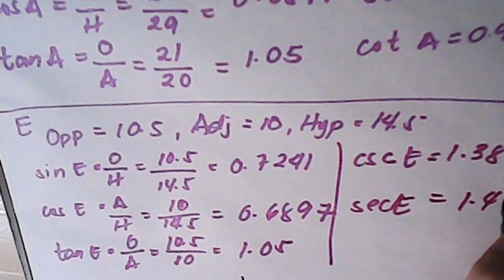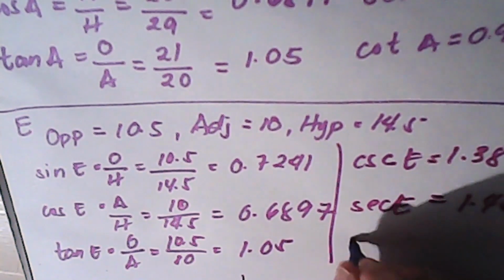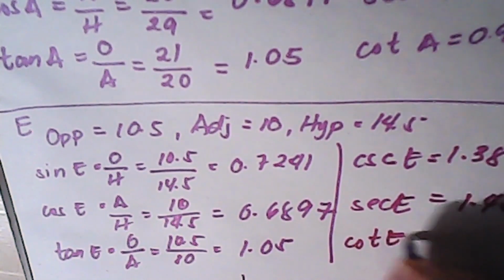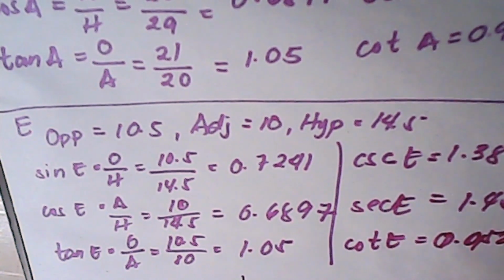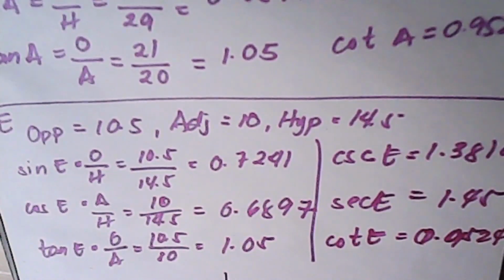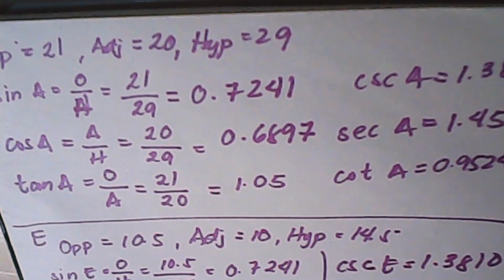which is 1.45, and the reciprocal of tangent, which is cotangent, is 0.9524. Okay, so the cotangent is 0.9524. Let us compare the 6 trigonometric ratios of the two different triangles.